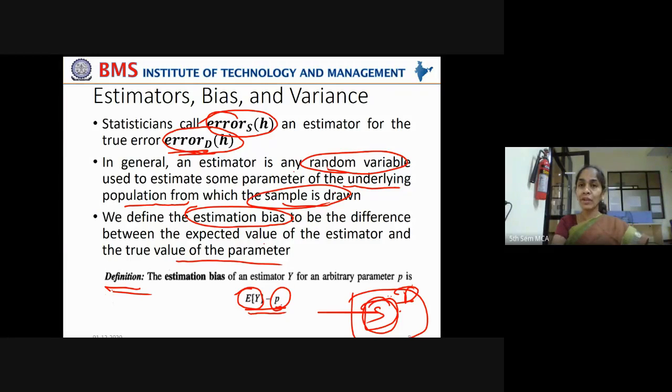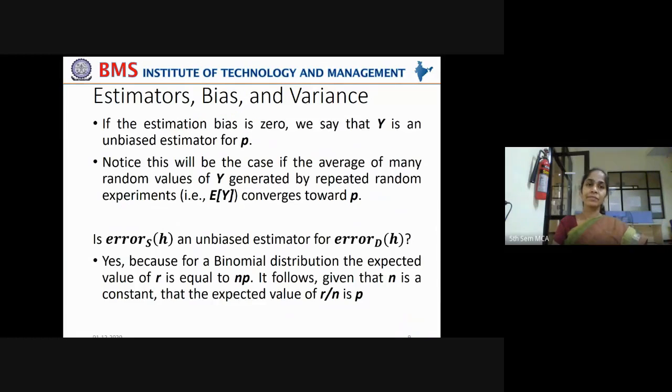Now, what is the difference between them? That is called estimation bias. The estimation bias of an estimator y for an arbitrary parameter p is represented as mean of y minus p. The difference between them is called the estimation bias.